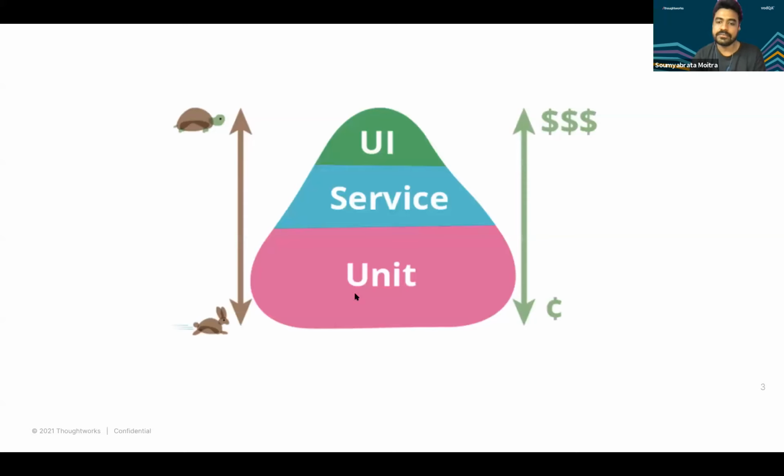At the very bottom layer, we have the unit test, which is the foundation of this pyramid, and it has the most number of tests. If bugs are caught at this level, it is much cheaper to fix them, and you also get early feedback from unit tests. So we want to make sure that these unit tests are rock solid, right?